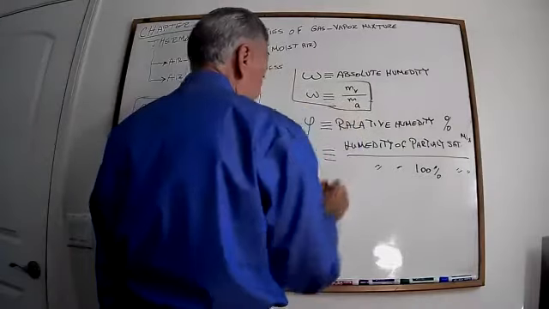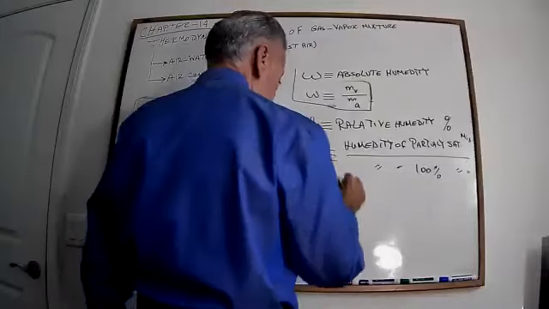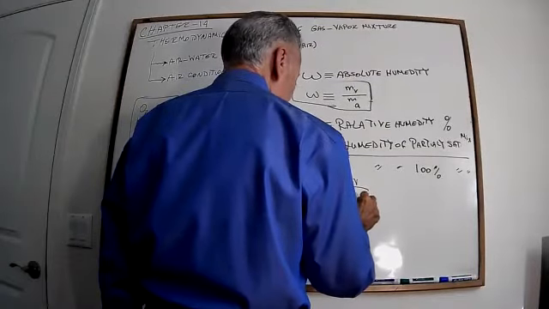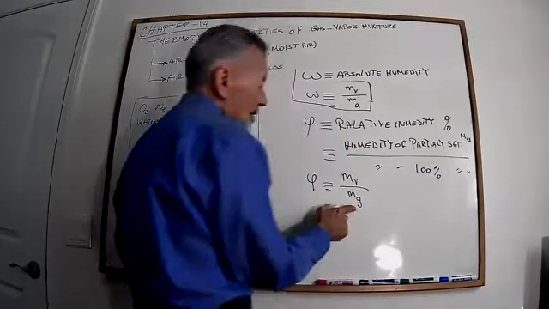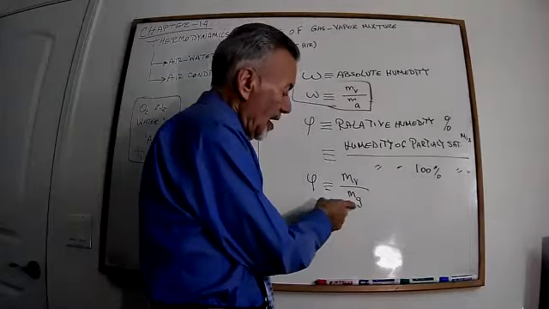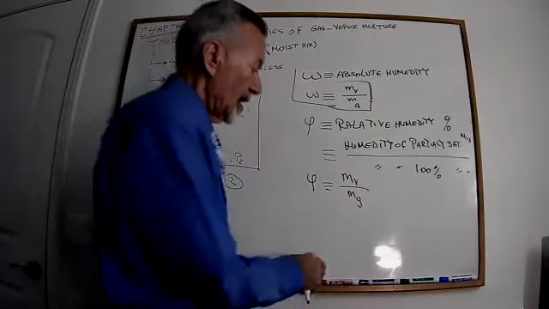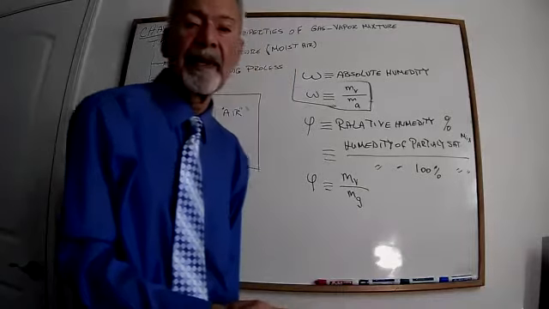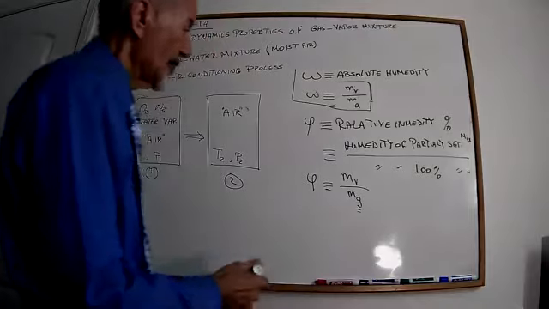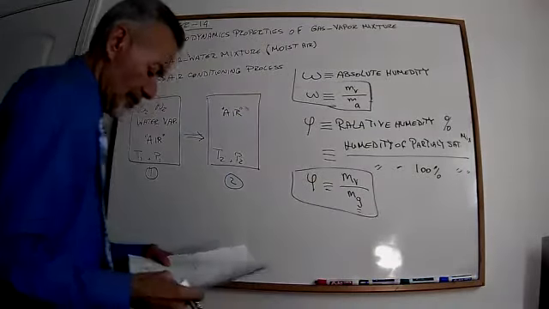If you want to look at it the same way, phi is defined as the mass of vapor divided by the mass of G. M of G is basically the mass of 100% humid air at a given temperature. So we'll talk about all of these later. That would be the relative humidity definition, and that's the difference between the two.